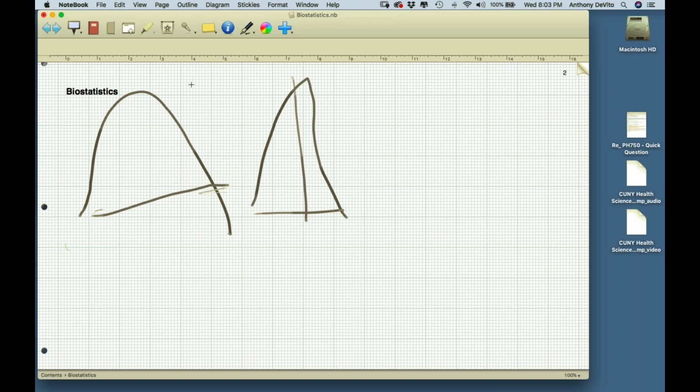The relationship between them was that the population mean mu was approximated by x bar in our samples, and the standard deviation of the population was related to the standard deviation of the repeated samples of the mean by sigma over the square root of the sample size. And that we call the standard error. Okay, so we related these two things.